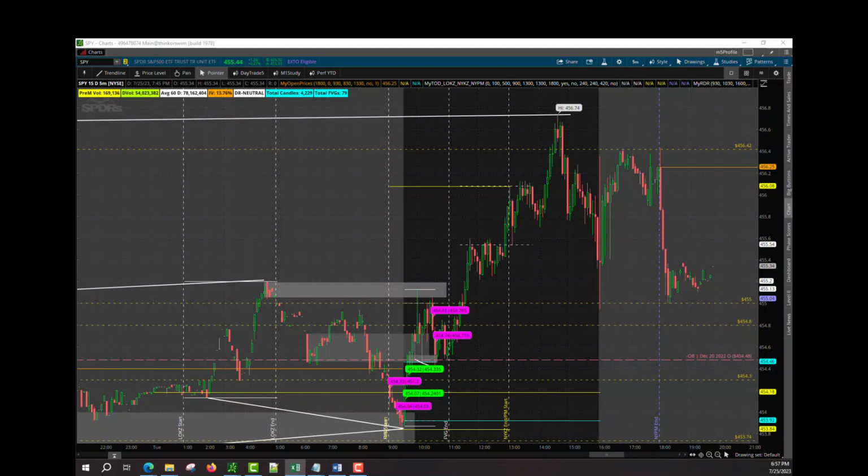Yesterday 71 million shares, today 54, so about 15 million shares less right there. So today 54, and 382 million shares.